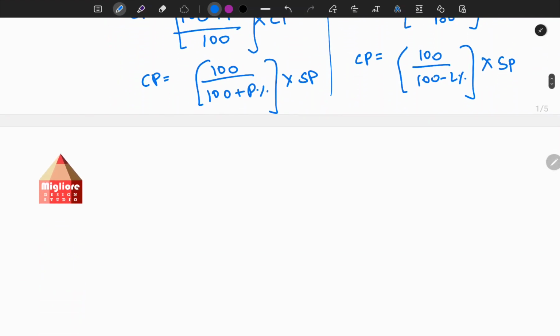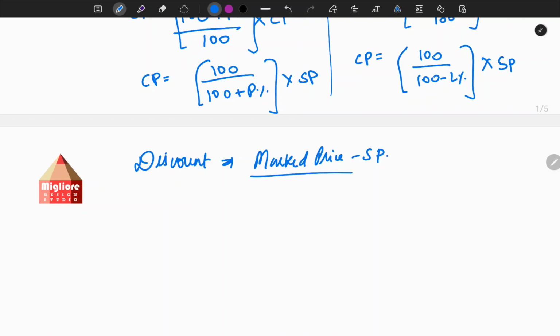Now let's talk about a discount. A discount is essentially marked price minus selling price. Marked price is basically what the shopkeeper will tell you, what is written at the store, the cost that is told to people automatically.